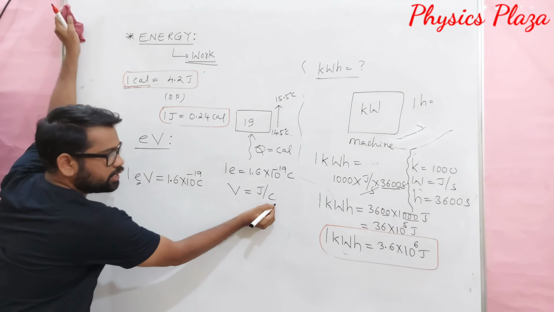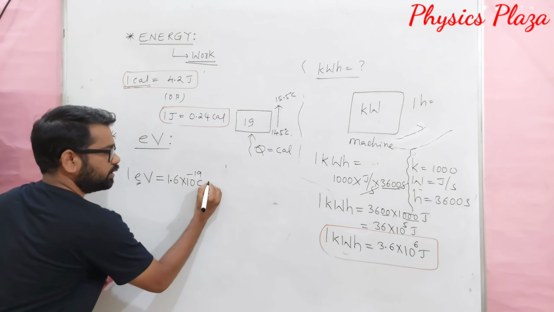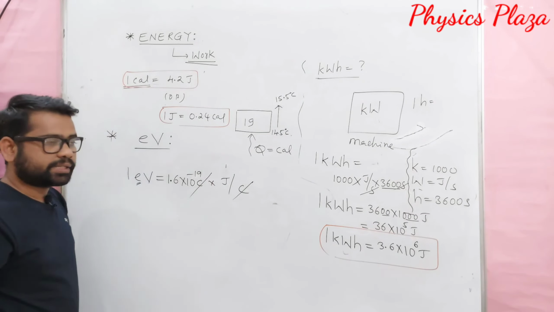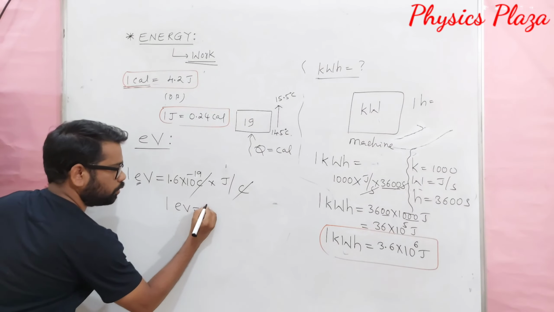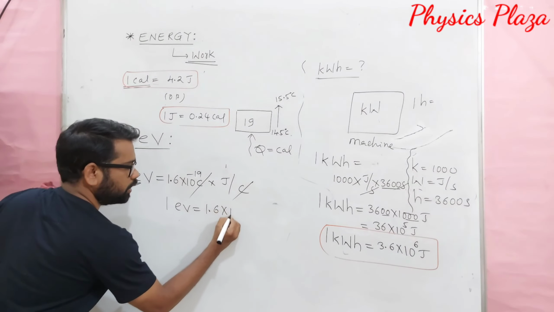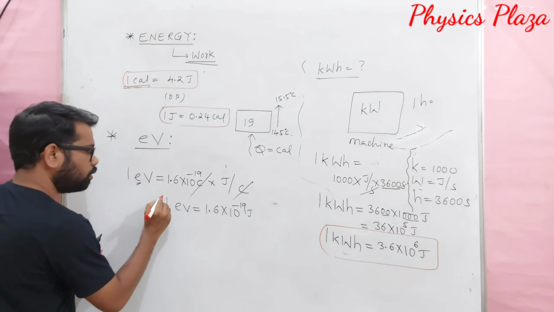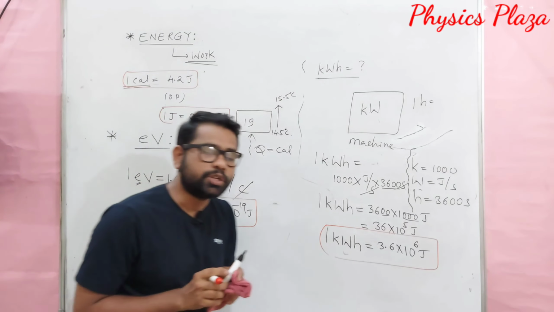Then volt can be written as joule per coulomb. So coulomb gets cancelled. Finally we have 1 electron volt is equal to 1.6 into 10 power minus 19 joule. So children, this is how electron volt is related to the joule.